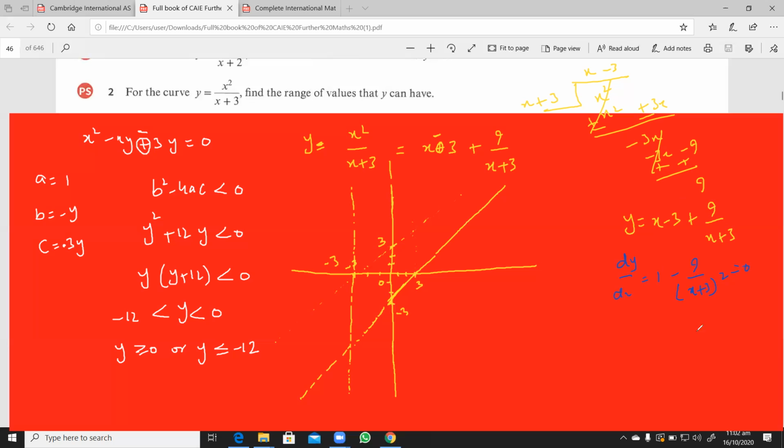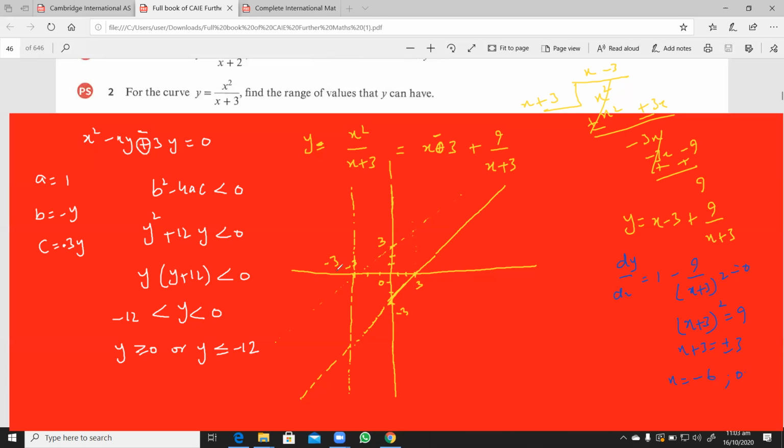I'll put that equal to 0. So we have x plus 3 whole squared equal to 9. x plus 3 is plus or minus 3. x is going to be minus 6, or x is going to be 0. So we have a turning point at minus 6, and a turning point at 0.